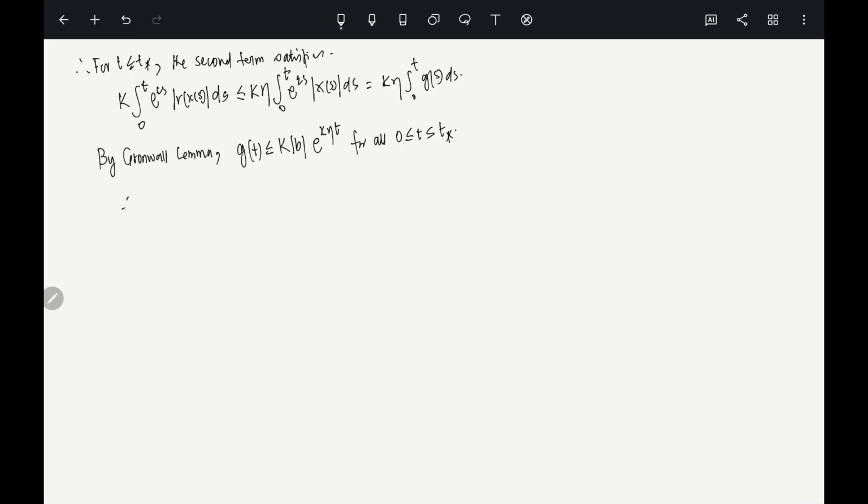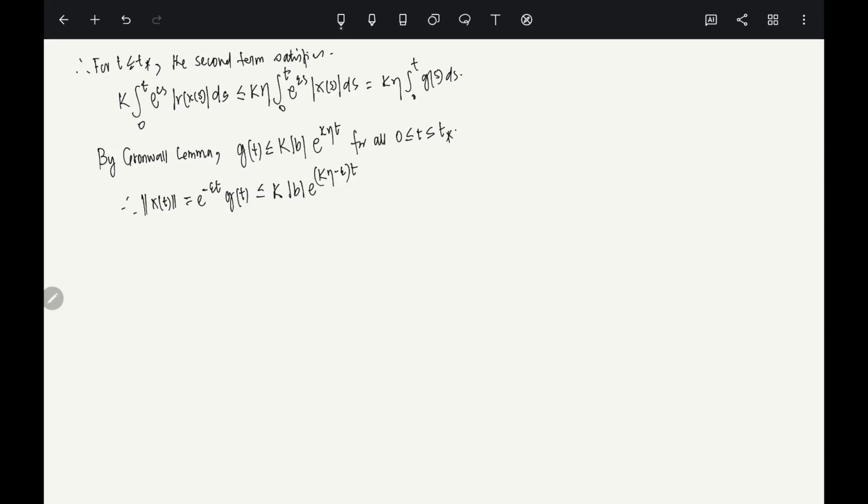Therefore, the norm of x of t in this case is e power minus epsilon t g of t. Now if we put everything together, it is less than or equal to k times mod b e power (k eta minus epsilon) t. That's what we have, right?